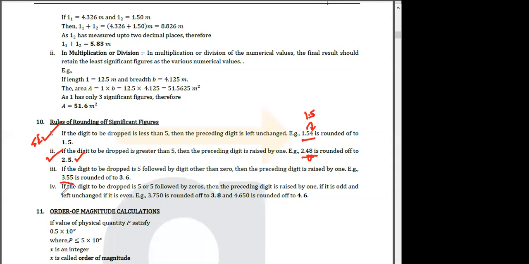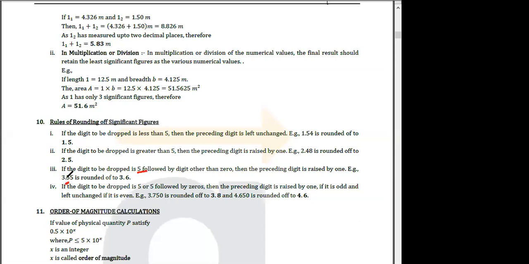Tell me. What about 3.55? Here it is 5. Okay, so according to the rule, if the digit which is dropped is 5, it depends on whether the preceding number is odd or even.